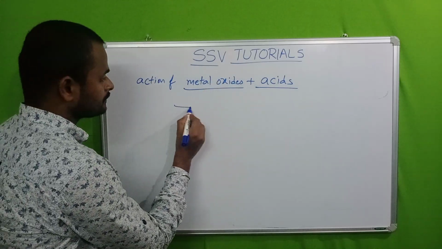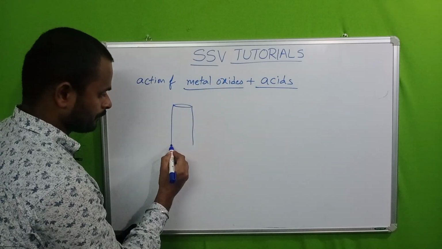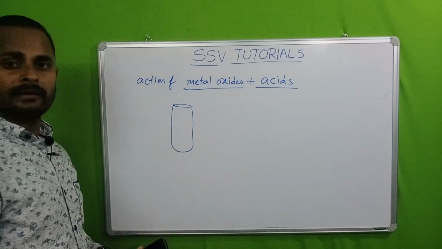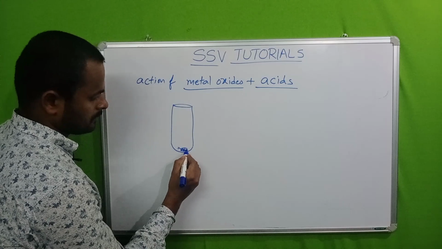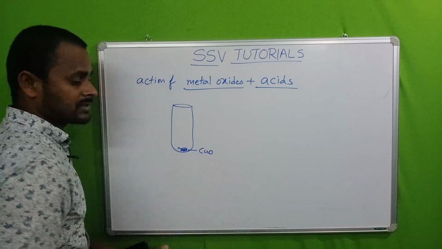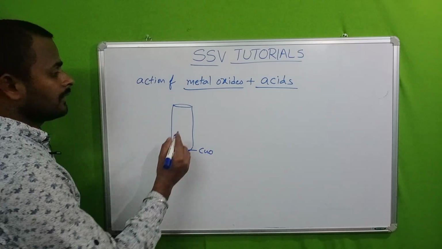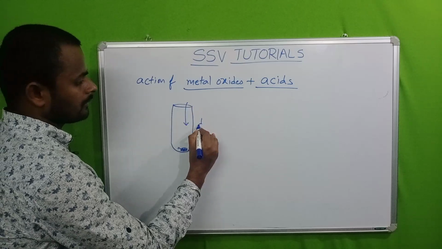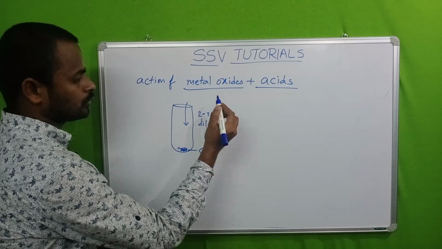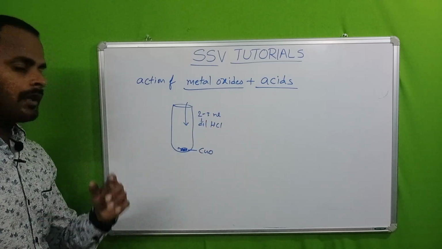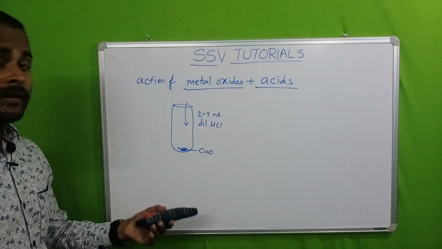Take a test tube and take some particles of metal oxide, cuprous oxide, and add dilute HCl, about 2 to 3 ml, to the cuprous oxide. Then what happens?